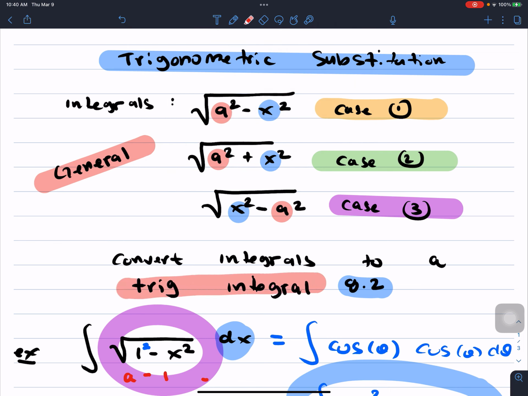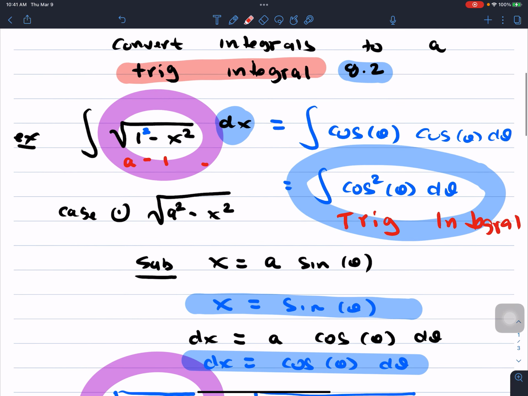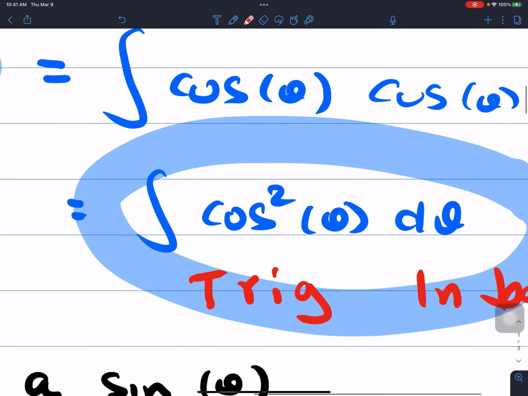Trig integrals. The trig integrals you studied in section 8.2. Okay, now I wish I had my sound effects, because what I would do is I'd hit the applause button, and that's why you guys want to do homework on trig integrals. Because how do you now integrate cosine squared d theta?